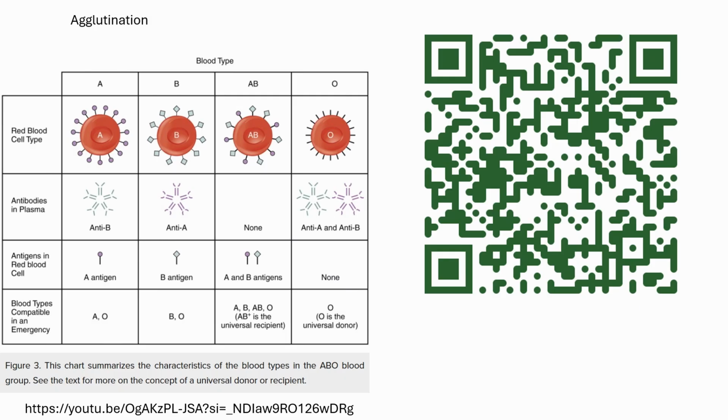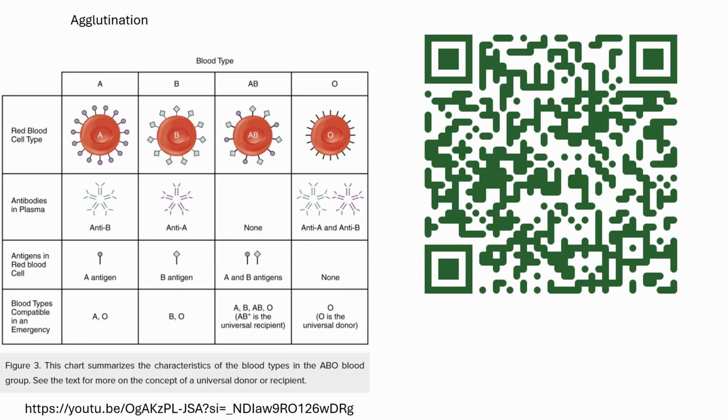So it doesn't make sense for my antibodies to target for destruction antigens that are on my own cells. If you had that, you would say you have an autoimmune disorder, auto, self, immune disorder. And so those are antibodies. They are in plasma. They're soluble proteins that will target the markers or the antigens on red blood cells.